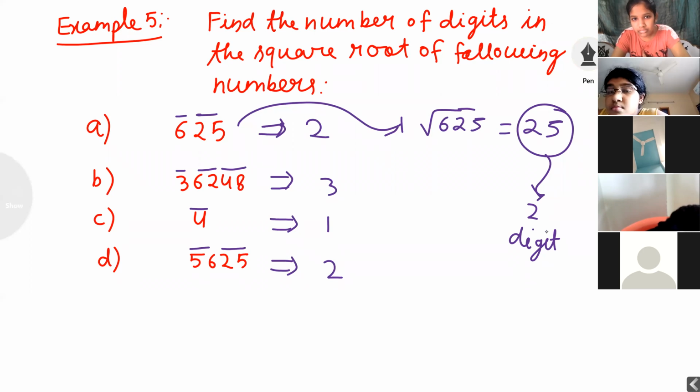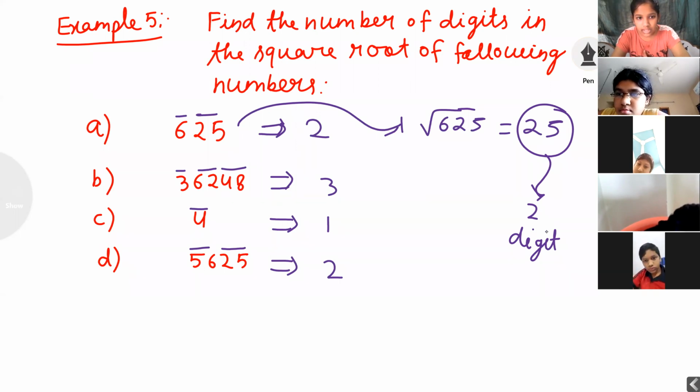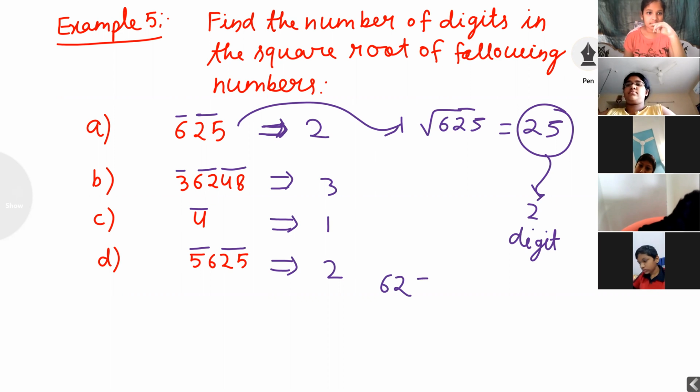Got it, everyone? In this, you only want to make pairs. Don't put an equal to sign here. Keep this symbol. What is the name of this symbol? Implies that. Because 625 will never be equal to 2.